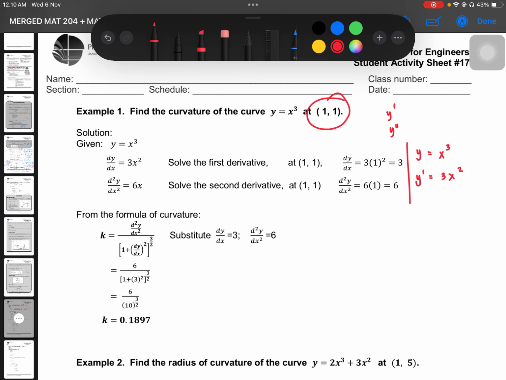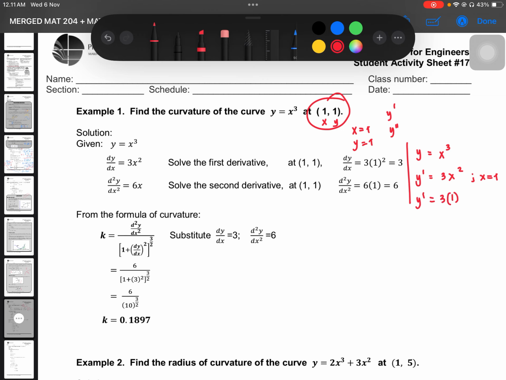Hindi na tayo may terms of x pa and y. Okay? So, sabi sa atin dito, 1, 1. Sino na nga si x dito? Yung nauuna. Sino yung y? Yung pangalawa. So, ibig sabihin, we have x is equal to 1 and y is equal to 1. So, we substitute si 1 dito. So, where x is equal to 1, y prime is equal to 3.